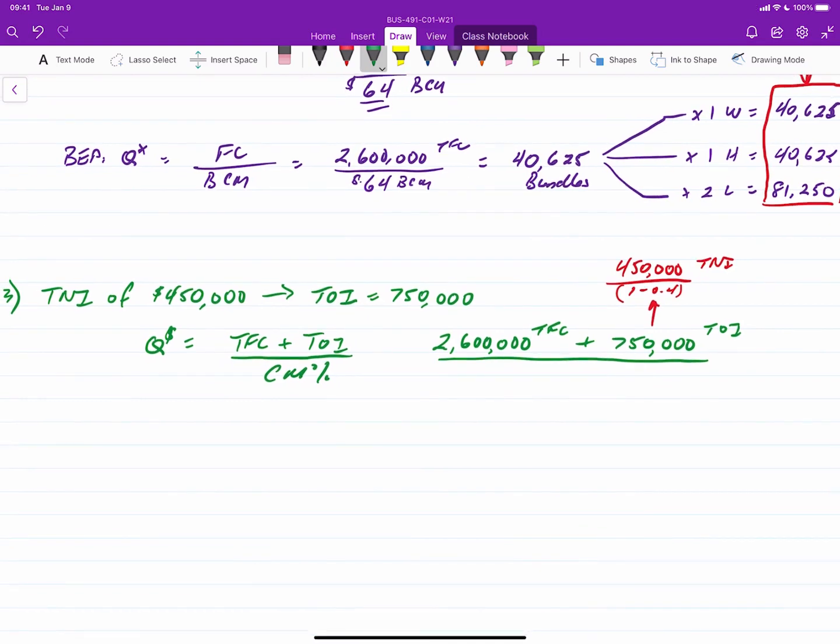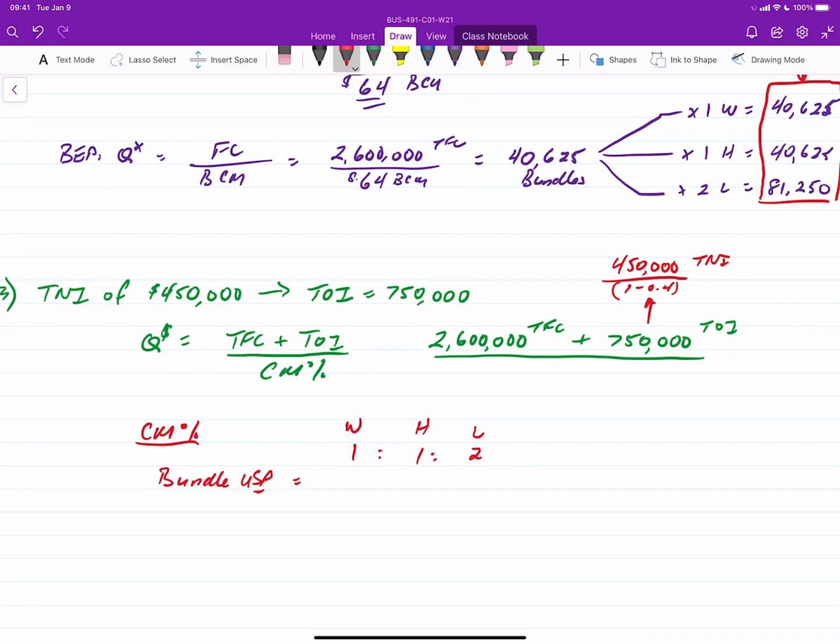In order to figure out the contribution margin ratio, I need to determine the bundle selling price and then the bundle contribution margin. So the bundle selling price, as it is right now with the current sales mix, is, remember, 1 to 1 to 2 for W, H, and L. And we know that their individual prices are $28 for the weeders, $36 for the hedge clippers, and $48 for the leaf blowers, and we're going to multiply by their relative mix.